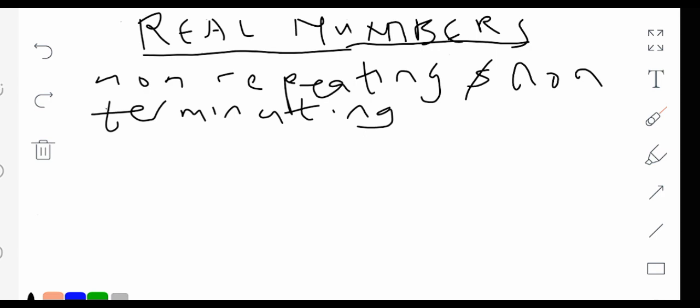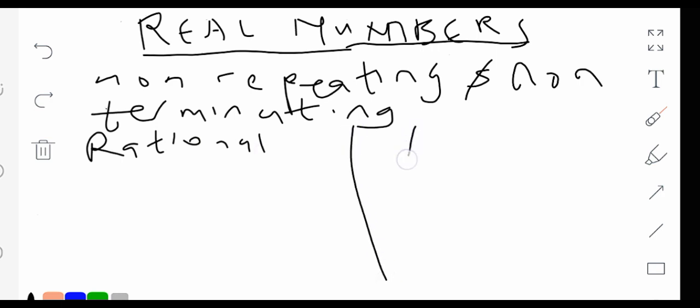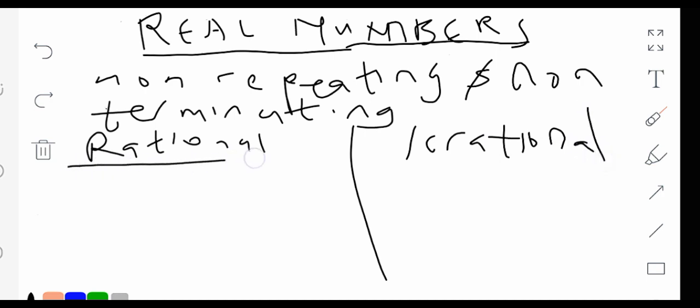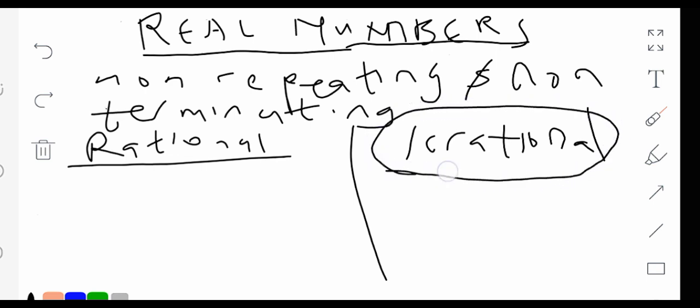For rational and irrational numbers, so this is for rational number, this is for irrational number. So let's quickly see what this means. For rational number, we've already talked about rational numbers. Anytime numbers are non-repeating and non-terminating, they belong to irrational numbers.